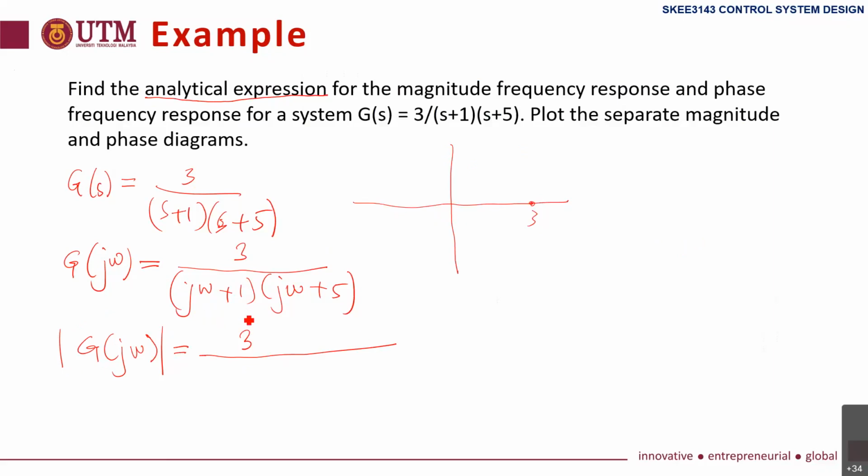When we have many poles like this, we can do it one by one separately. For this one, it is j omega plus 1. You can imagine 1 and j omega here. So the magnitude is the square root of omega squared plus 1.